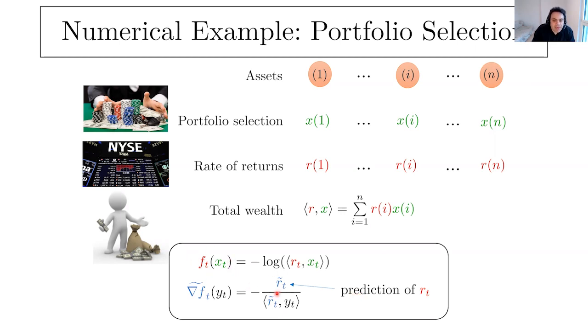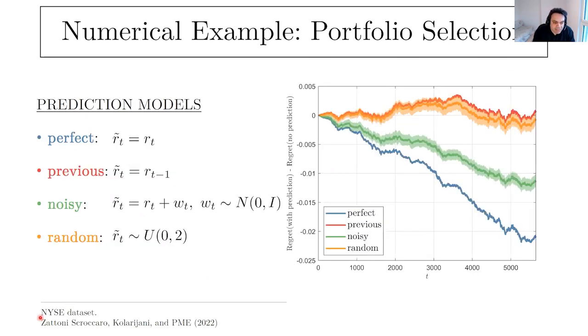Let's say you have a prediction of the rate of return, either you are fully oblivious or you have full prediction. That's what I want to show you next. But that's the setting, and in the algorithm that I told you, we implement this as the prediction of the gradient. Now let's see how it looks with real data, actually from the New York Stock Exchange. So this is the data set that we use.